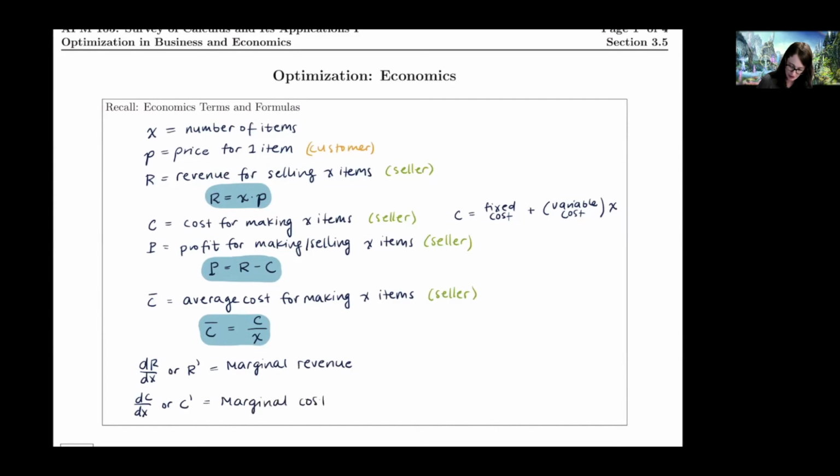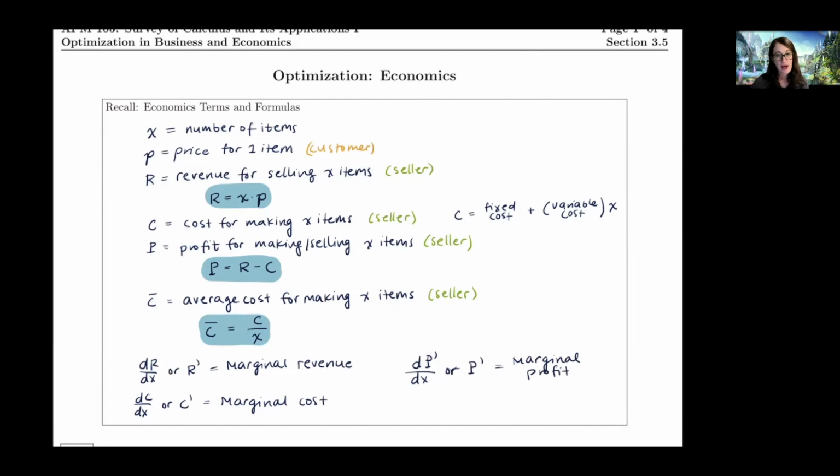This is how much your cost will change if you make one more additional item. Then we have dP/dx, or capital P prime. This is marginal profit. And this is how much the profit will increase or decrease by if you sell one additional item.